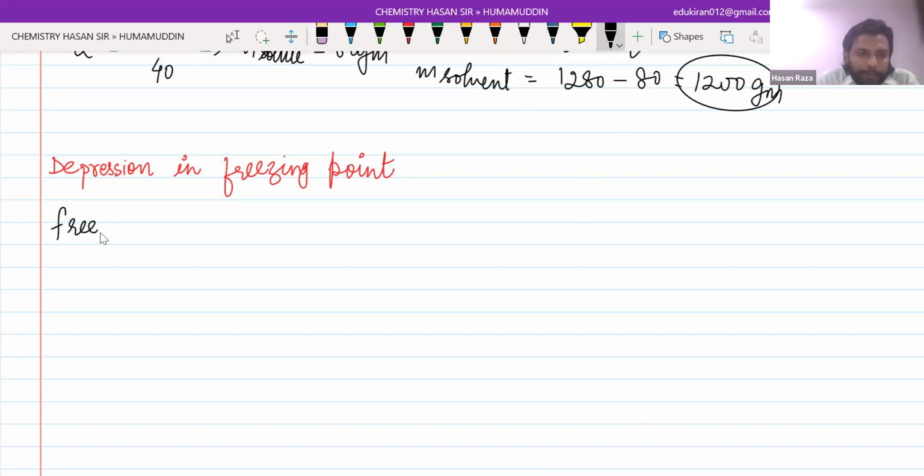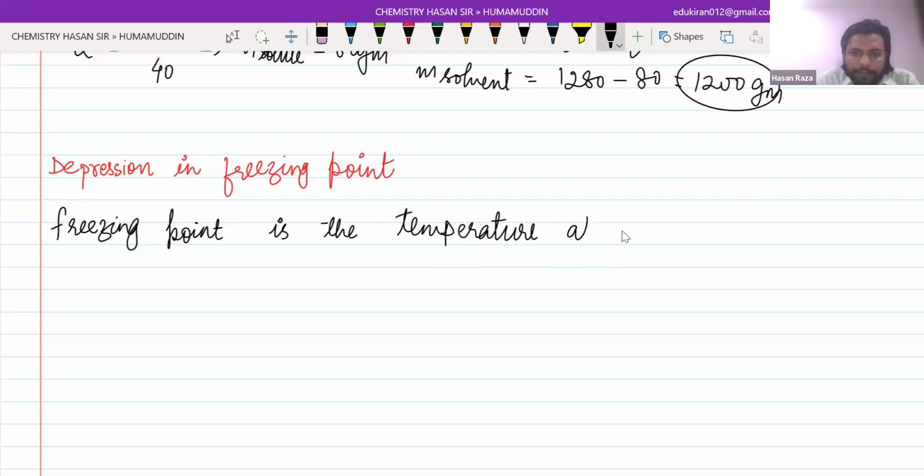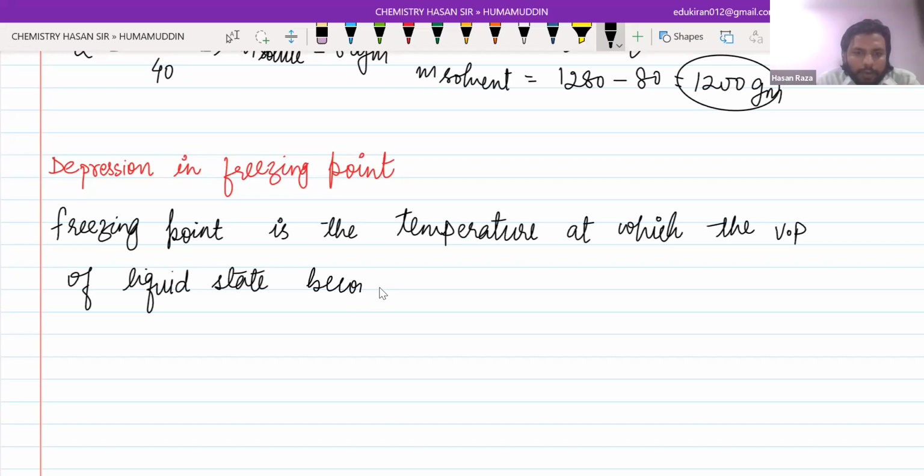Freezing point is the temperature at which the vapor pressure (Vp stands for vapor pressure) of liquid state becomes equal to the vapor pressure of solid state.